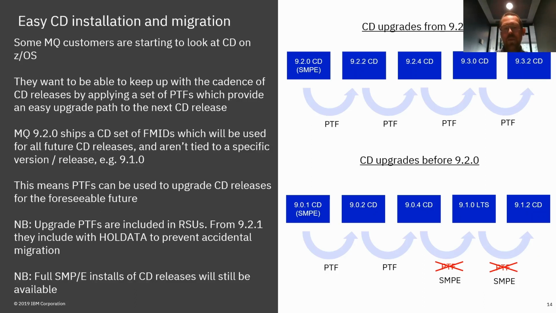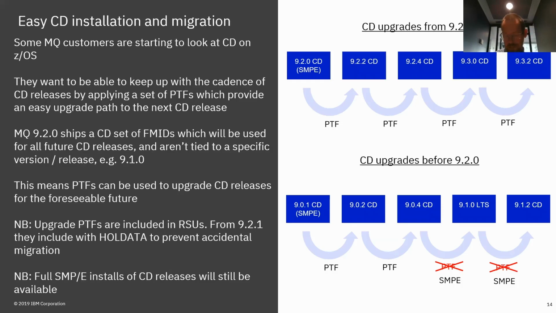And so what we did for 9.2 is actually make that easier for them to upgrade. Basically with CD releases, you can either have a completely new SMP install for every CD release, or you can hop from one CD release to the other by applying a PTF. And it's quite a large PTF because it basically replaces the whole queue manager, but it's still done via a PTF rather than an SMP install.